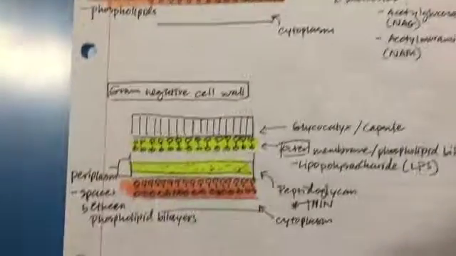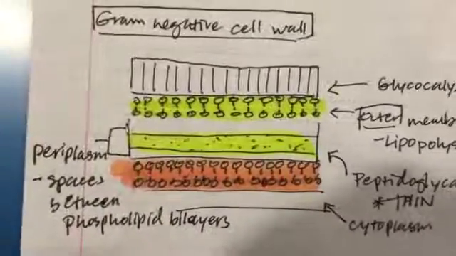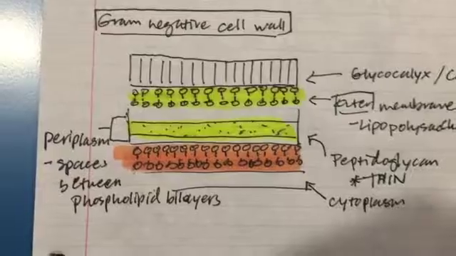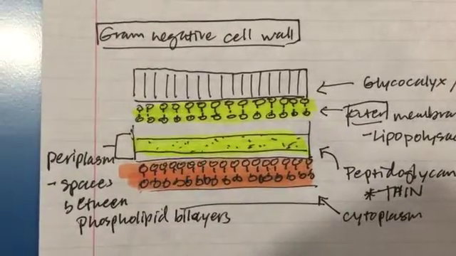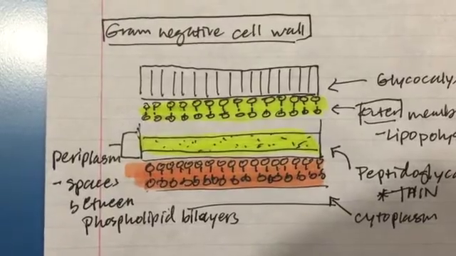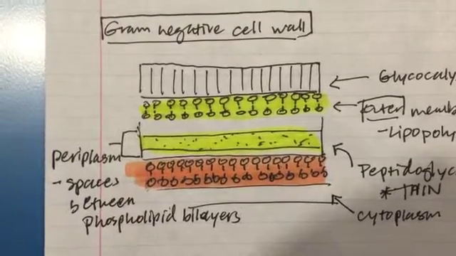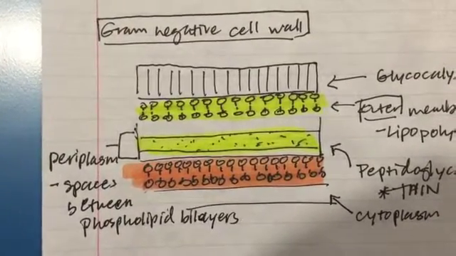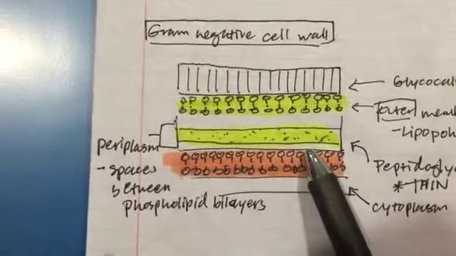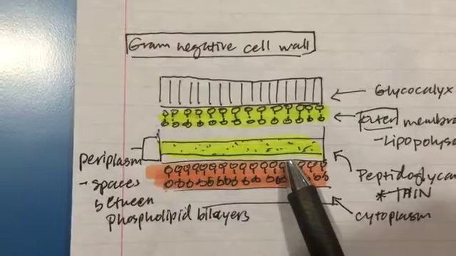The periplasm that we discussed mostly in the gram-negative cell. Just to clarify, both gram-positive and gram-negative have periplasm, but it's going to definitely be more obvious in the gram-negative cell wall.